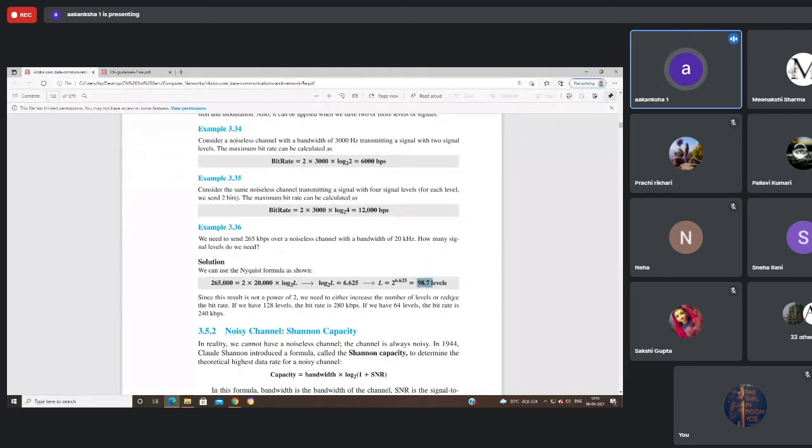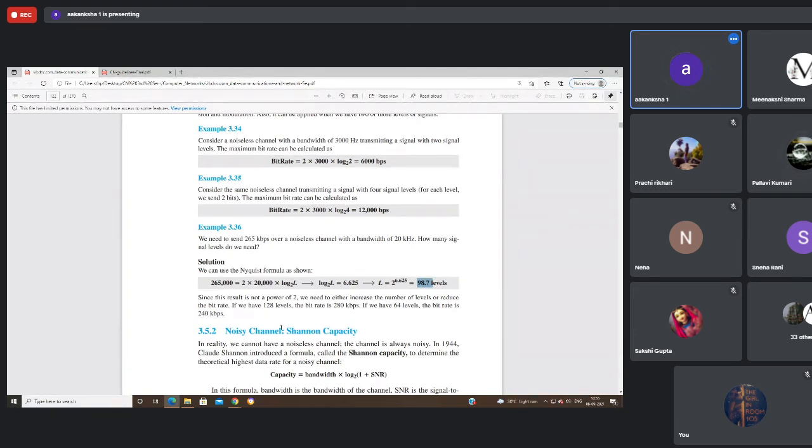We can take the nearest levels: we either increase or decrease the number of levels. If we have 128 levels, the bit rate is 280 kbps. Or if we have 64 levels, the bit rate is 240 kbps. Fine?